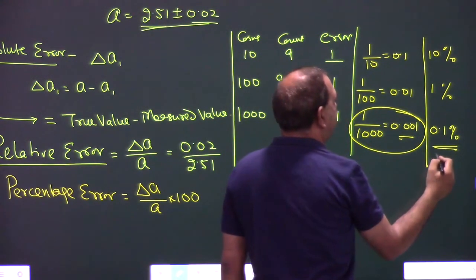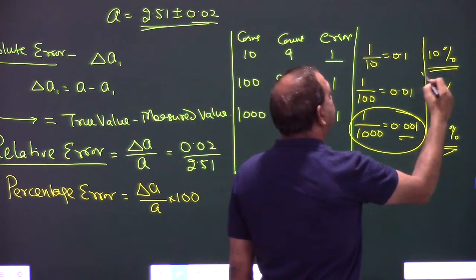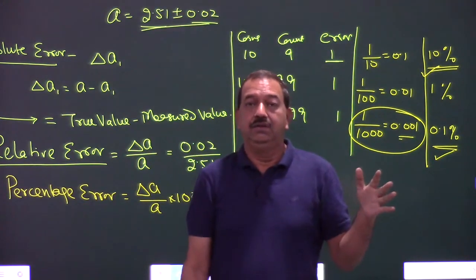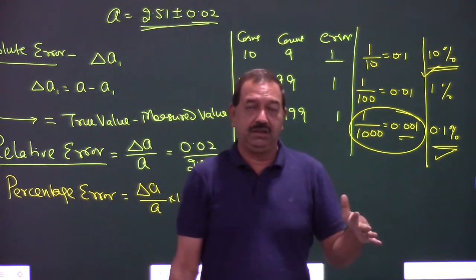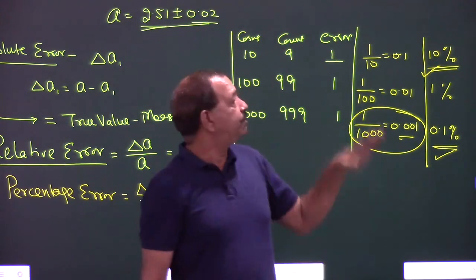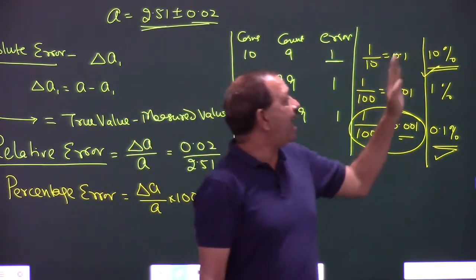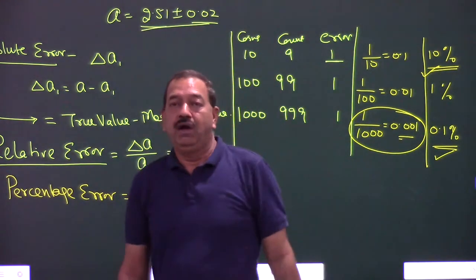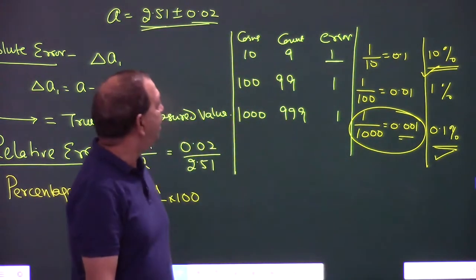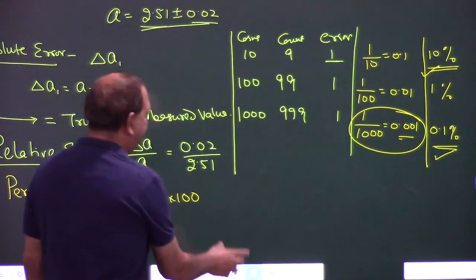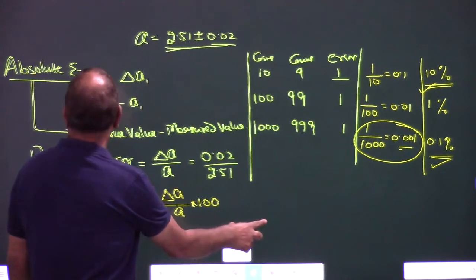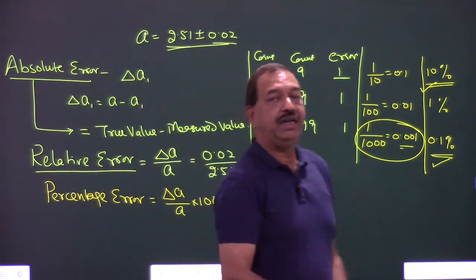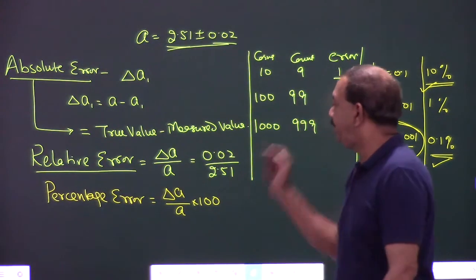So this error is a small error and this error is quite large. 10% error is a very large amount of error. तो absolute term में देखेंगे तो same ही है, but actually this error is very large and this error is small. I hope you understood how we calculate error, what is absolute error, what is relative error, and what is percentage error, right? So this is what I was going to discuss in the error part.